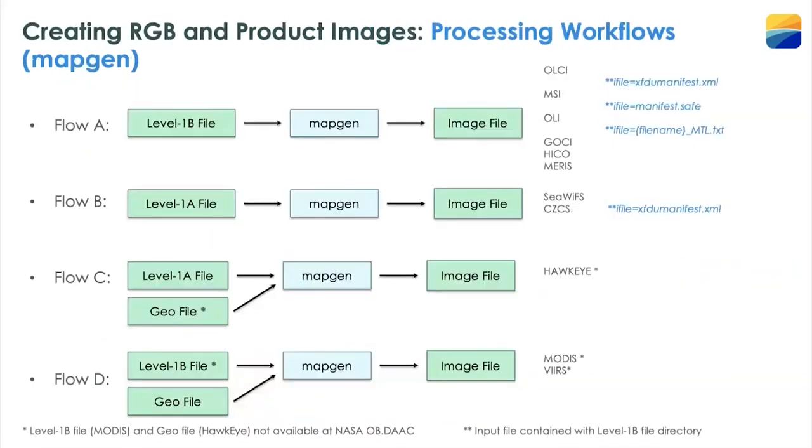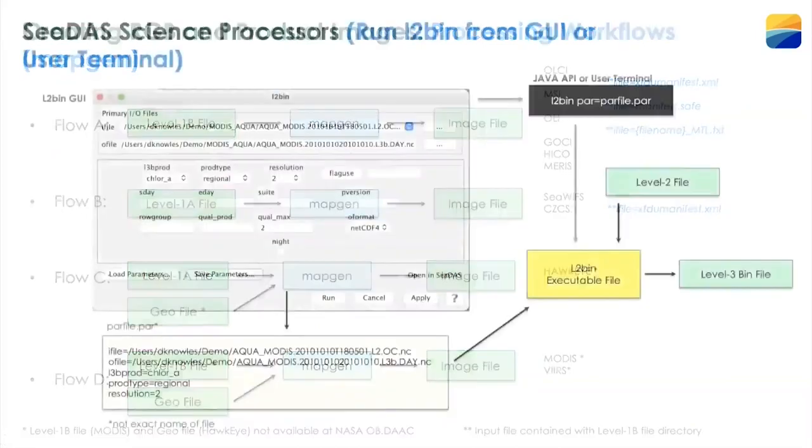That's showing you the inputs and outputs to it, and behind the scenes, MapGen is running multiple processors. Like it'll bin it and map it, like the L3 bin and L3 MapGen. L2 gen can be buried inside there as well, depending on the input file.